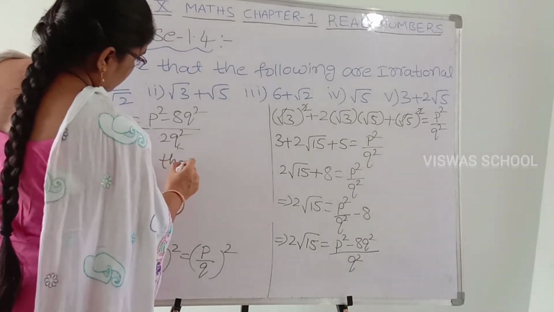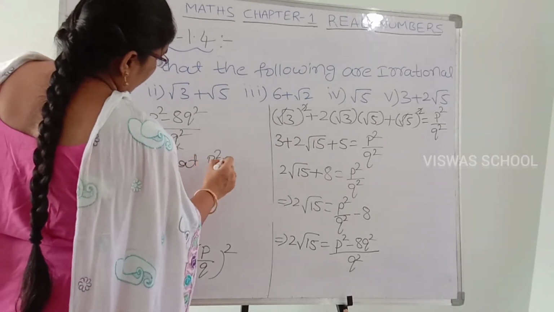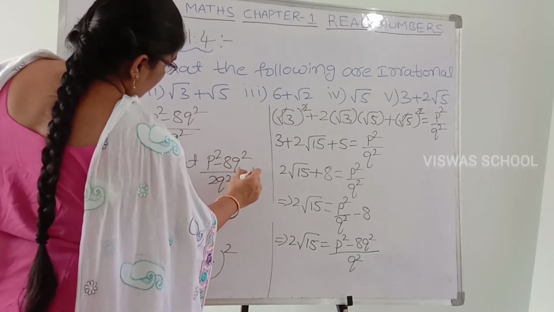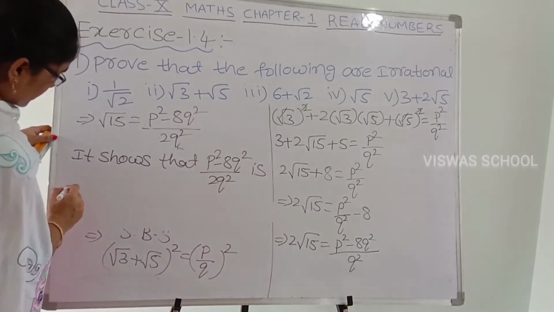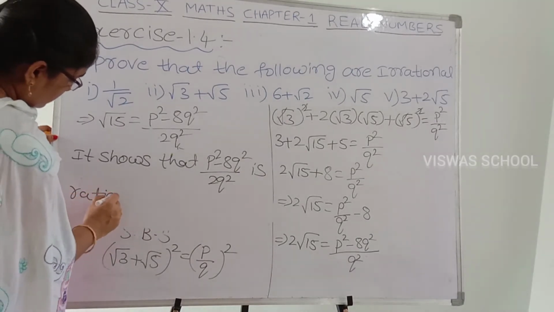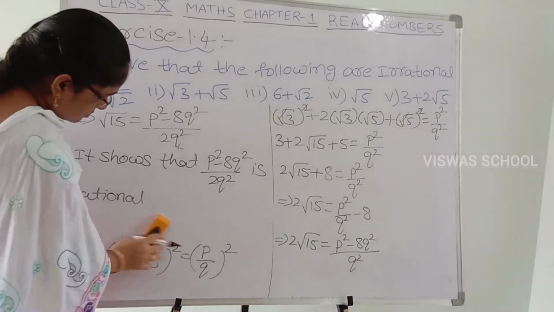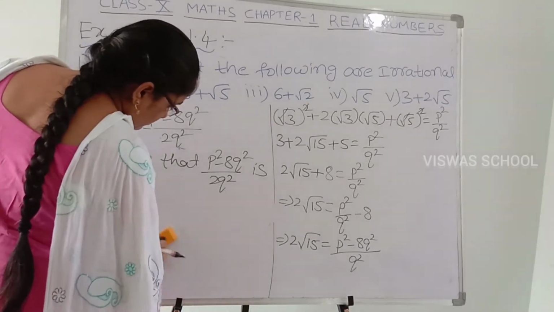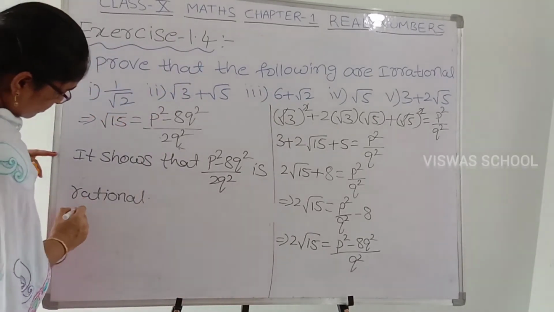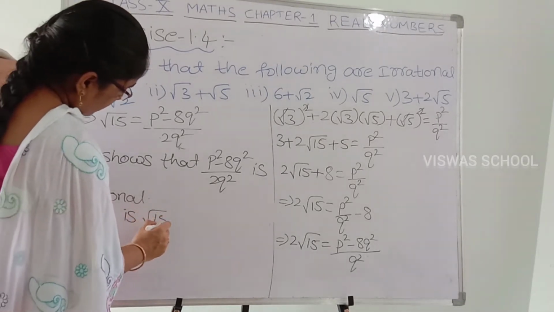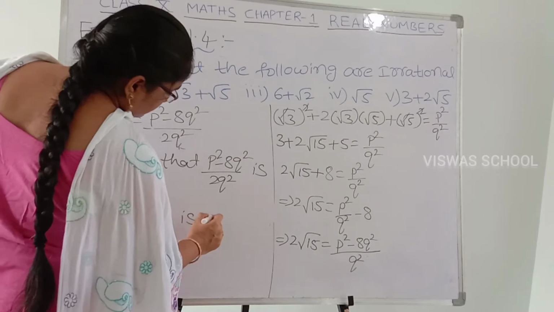It shows that p square minus 8q square by 2q square is rational. That is, root 15 is also rational.